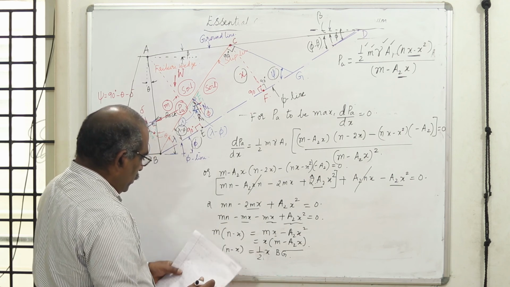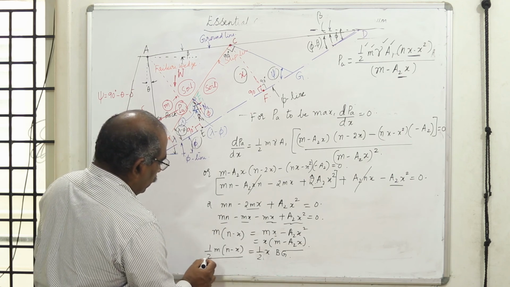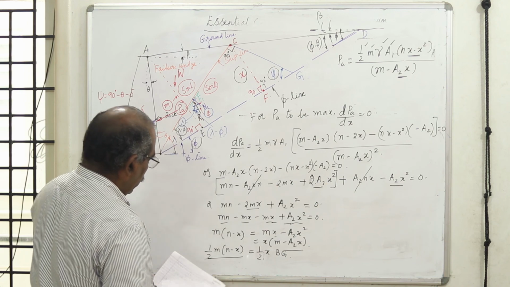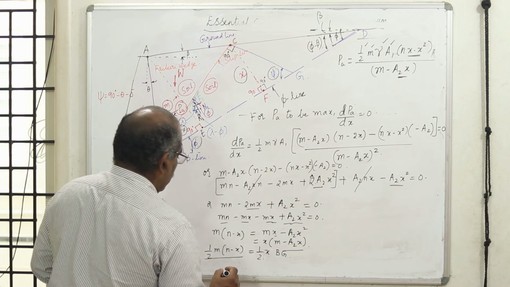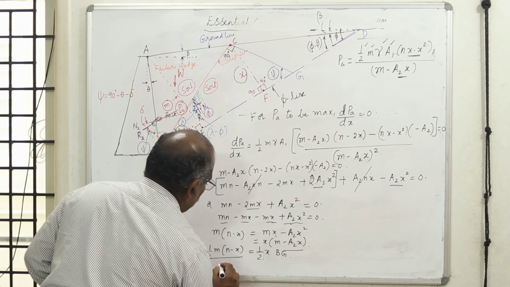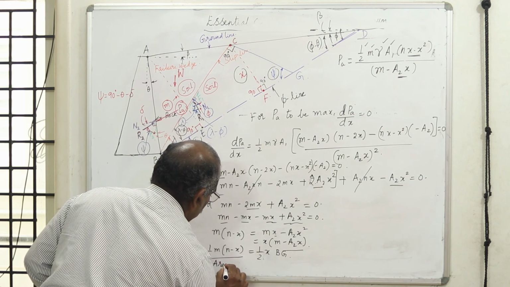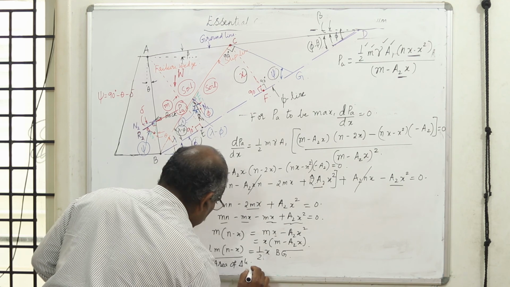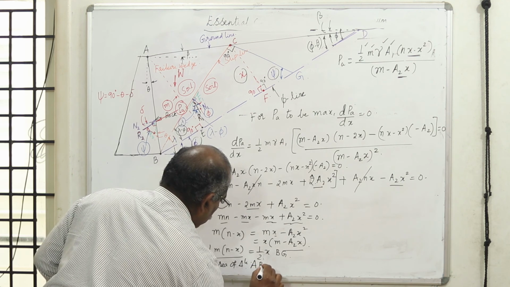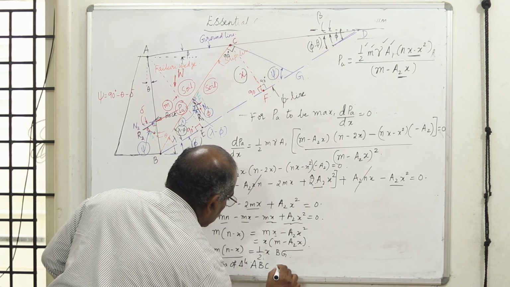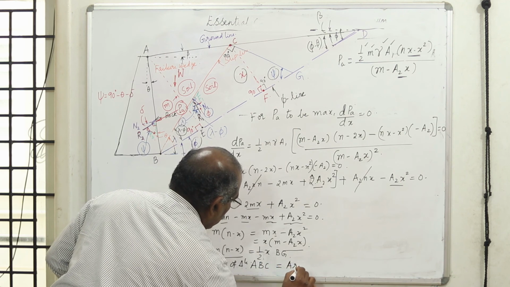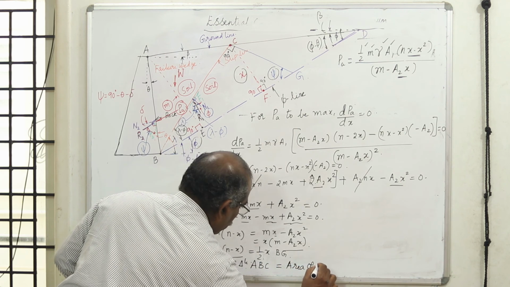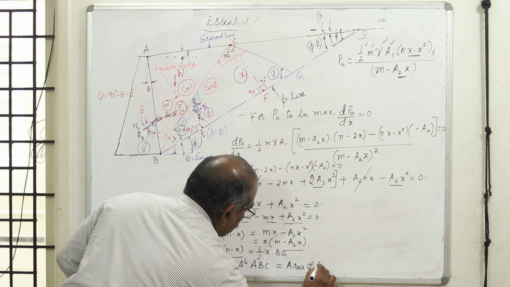Now what is this? Half into base into height. Therefore this is the area of triangle, must be equal to area of BCG.